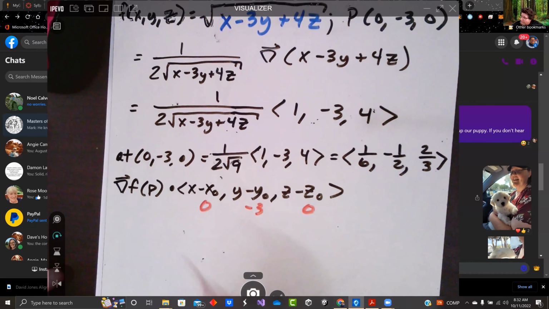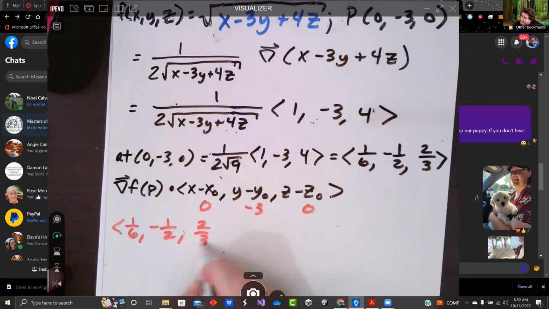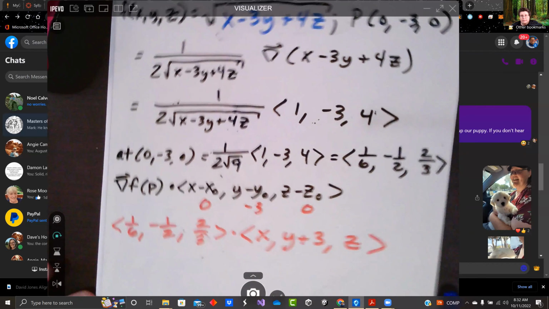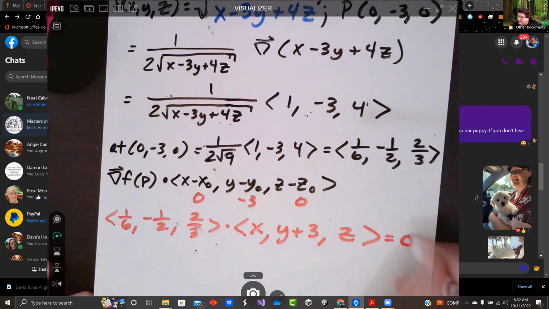So we've got 1/6, negative 1/2, 2/3 dotted with x, y plus 3, and z. And again, that's got to equal 0.